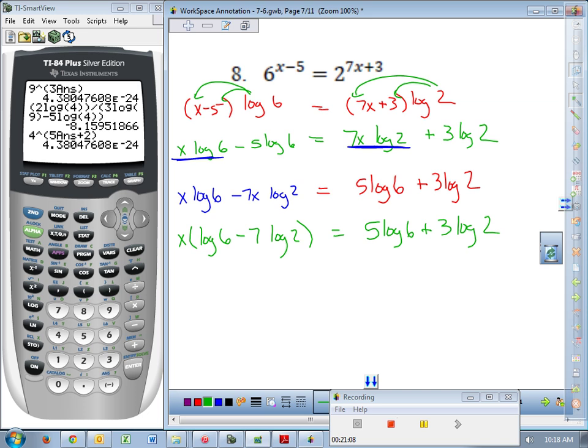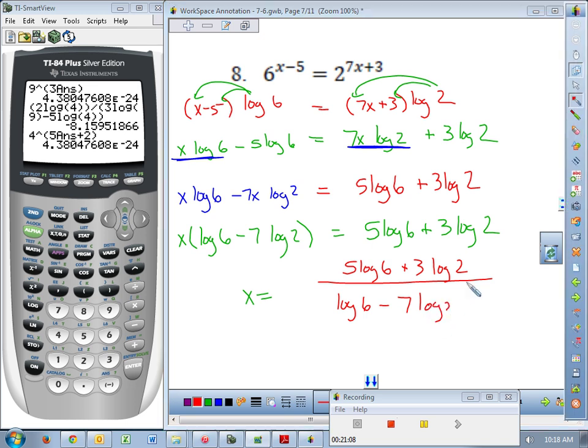Divide by that whole quantity that x is being multiplied to. So x equals 5 log of 6 plus 3 log of 2, all over log of 6 minus 7 log of 2. Do yourself a humongous favor and put parentheses around your numerator and your denominator before you type it in. And I will let you try it and see what you get. So pause the video and we'll see if we get the same thing.